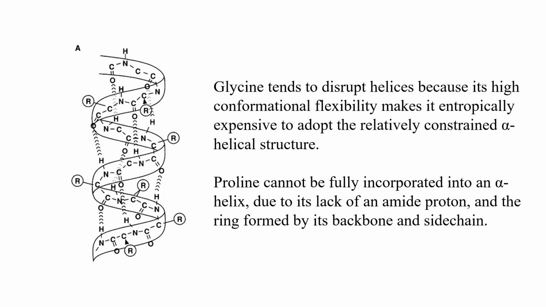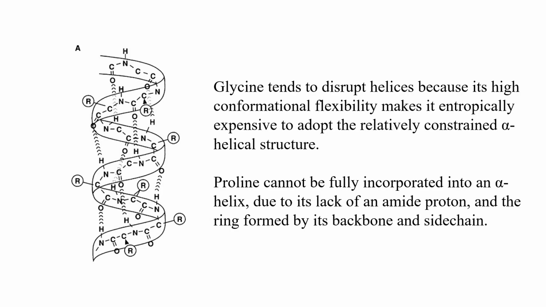On the other hand, glycine has an R group, but the R group is hydrogen, so it is a very small molecule. It becomes very flexible. It can move in any direction at any time.